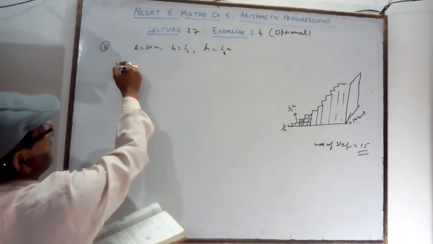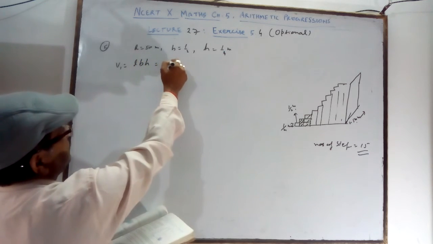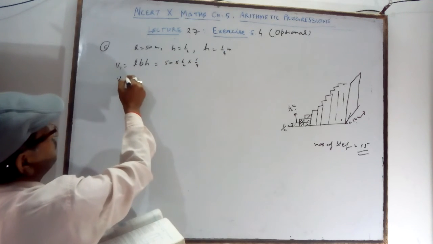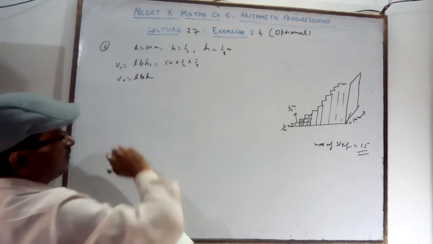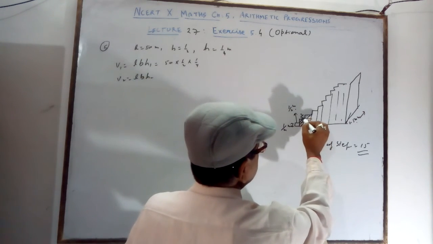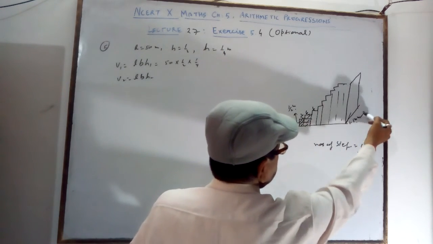So the volume of the concrete required is LBH. What is it? 50 into 1 by 2 into 1 by 4. V2 will be L B H2. Only the height is increasing. The length and breadth of each step are the same.